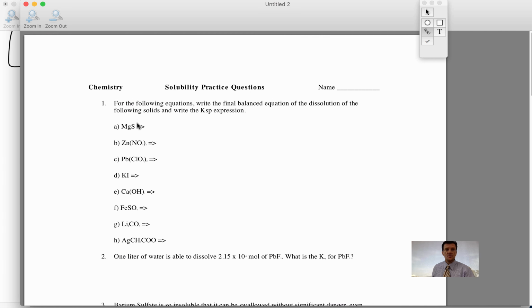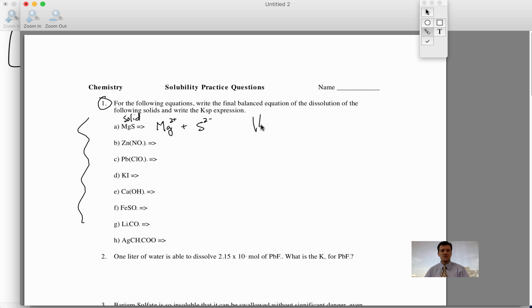And we'll do a couple right here, right now, just so you can see. In number 1, on all of these problems, you have to write the dissolution equation, or the dissociation equation. These are all solids, by the way. So none of these compounds are going to be in your K expression. These are all ionic compounds right here. This MgS is going to break apart into Mg ion and sulfide ion.